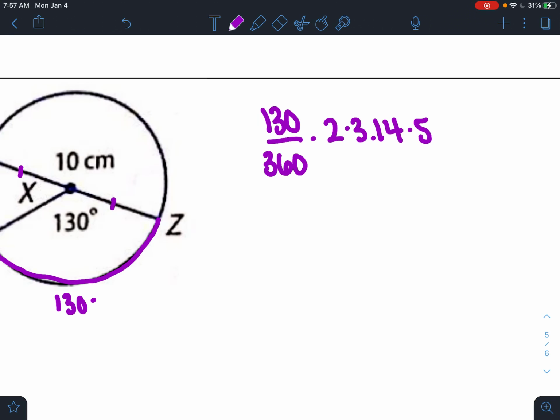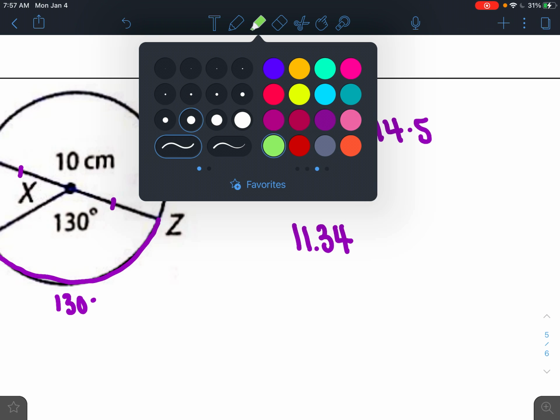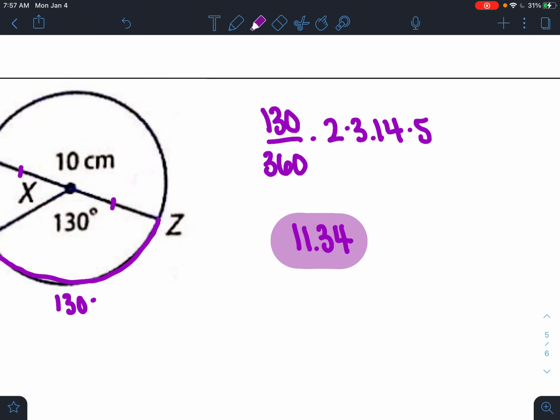Plugging in, I'm going to have 130 divided by 360 times 2 times 3.14 times 5, and I got 11.34. And that's going to be the length of that arc.